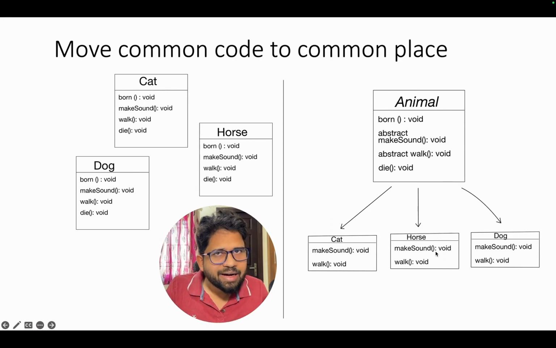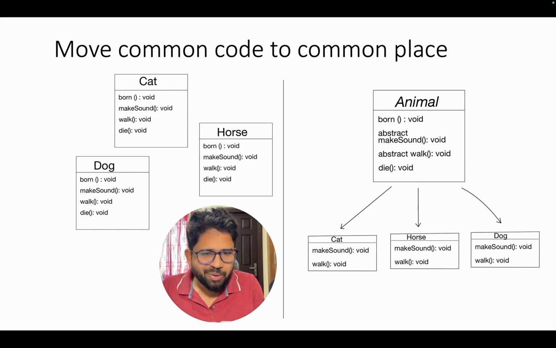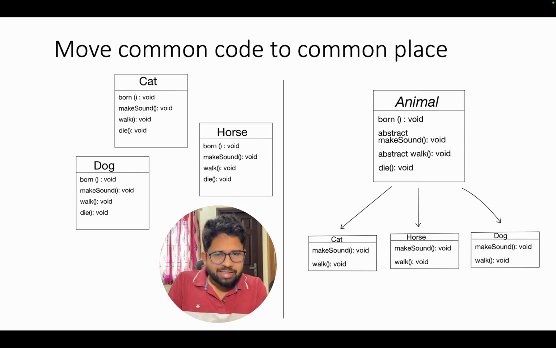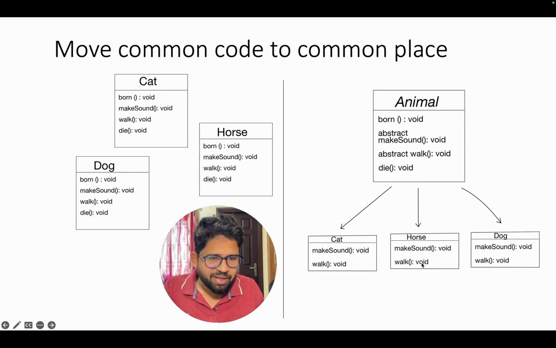Horse is an animal. So horse will be subclass of animal, and likewise for dog. So all the different part, all the things which change, that is the variability part, will come in the subclasses, and the common part will come in the superclasses. And the superclass will just have the definition here. I'll come on to the part where, how it is different or the same when you see the code, but you can see that the subclasses have the variability part and the superclass has the commonality part.